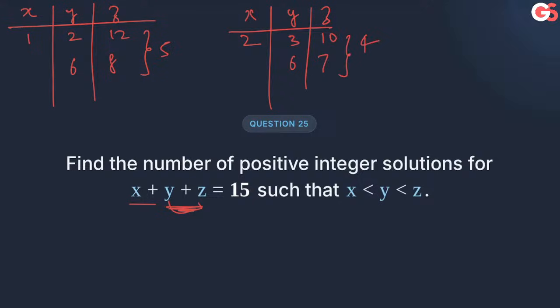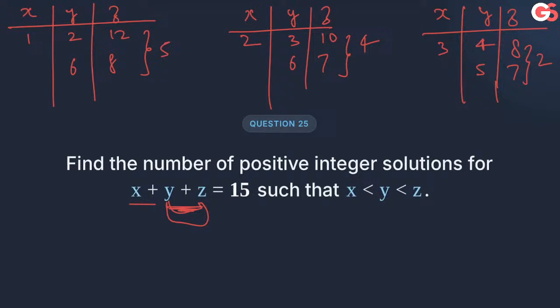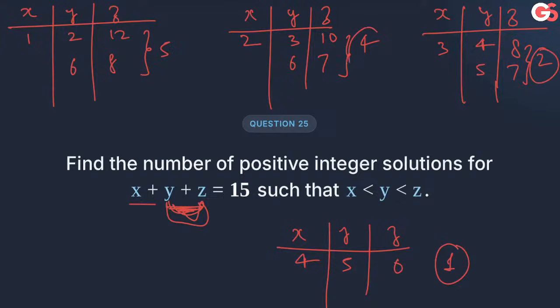All right. Now if I take x as 3, simply कर रहा हूँ, no p and c, है ना? If x is 3, then y plus z will be 12, तो 4 + 8 12 से लेके 5 + 7 12 तक दो ही बनेंगे, यहाँ पे बात ही खत्म हो गई। Now if I take x as 4, y plus z will be 11, 5 + 6 सिर्फ एक ही बनेगा, तो 1 + 2 + 4 + 5 is the answer. 12 is the answer, the 12 possibilities.